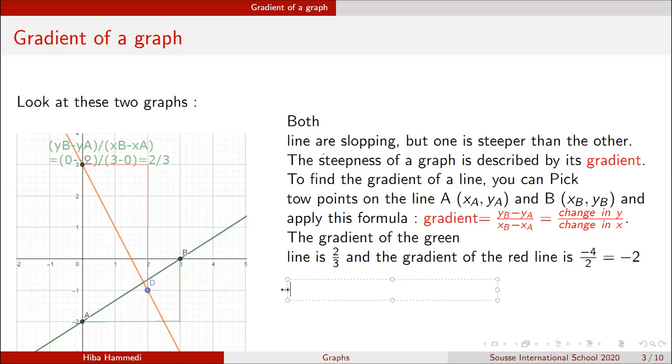So I will do YC minus YD. So this is divided by XC minus XD.